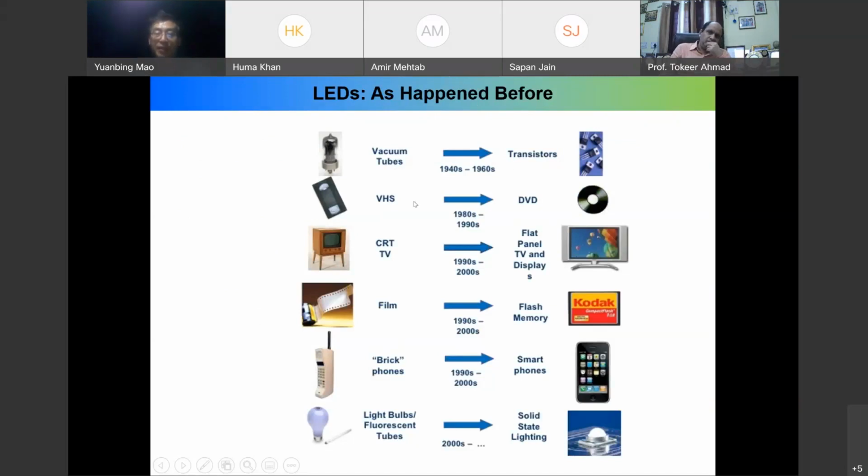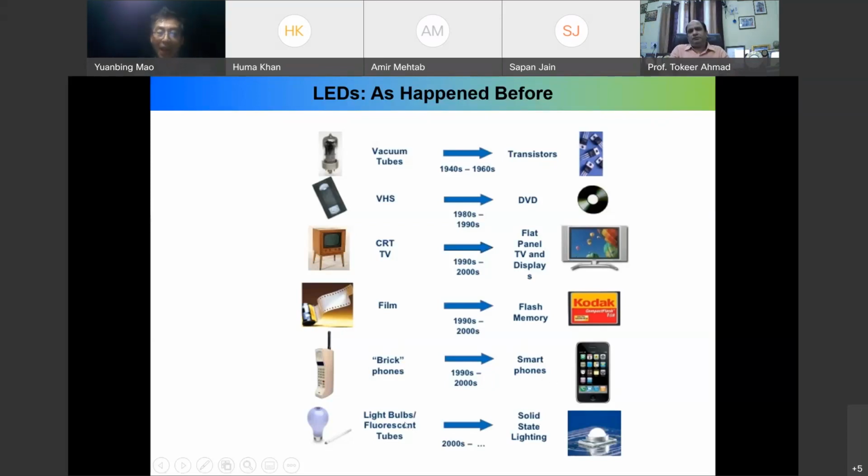For our information storage in the old times, some of us may remember, we used VHS, then later DVDs, though nowadays most people don't use DVDs anymore. And for TVs as well, for film, and now we use flash memory. And for phones, all the time we used brick phones, and now people use smartphones.